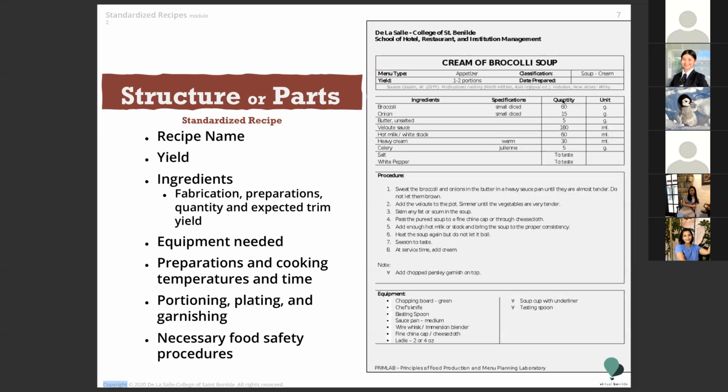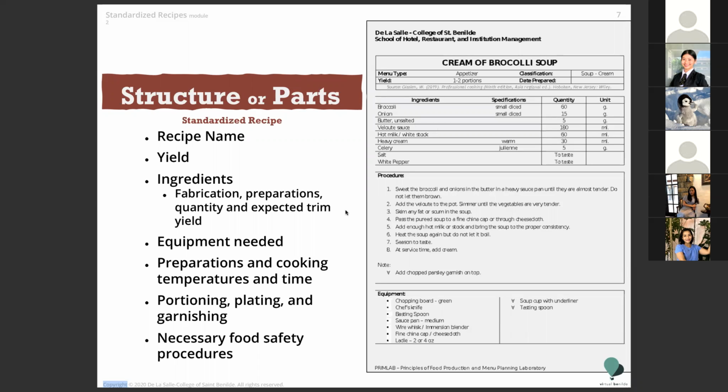So you need 60 grams of small diced broccoli for this recipe. You need 5 grams of unsalted butter. It also specifies 30 ml of warm heavy cream. Okay, and so on and so forth.